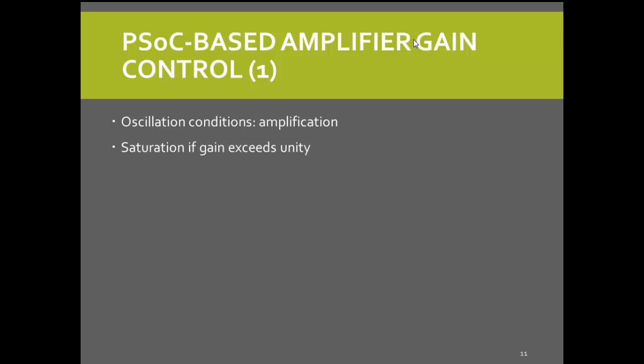In order to have oscillation, there is one very important condition that should be met, which is that the overall gain of the oscillator should be higher than 1. However, when the gain exceeds unity, the system goes to saturation, and we found that when the system goes to saturation, there will be a lot of scatter in frequency measurements.